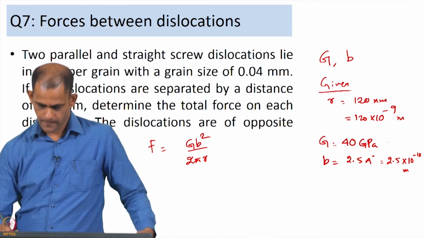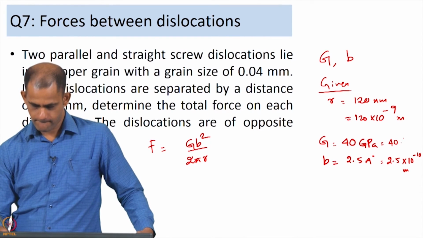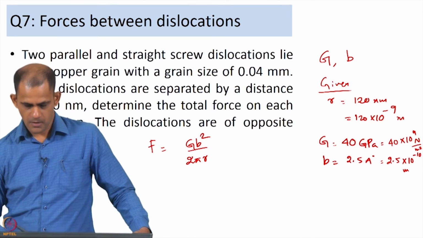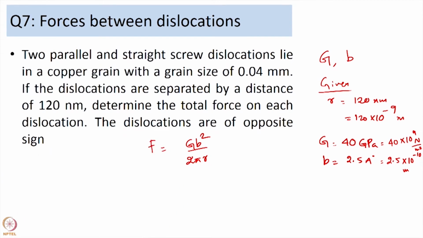So, with this information now we can determine the force. The force is force per unit length. So, this is equal to 40 into 10 to the power 9 into 2.5 into 10 to the power minus 10 squared, divided by 2 into 3.14 into the distance.